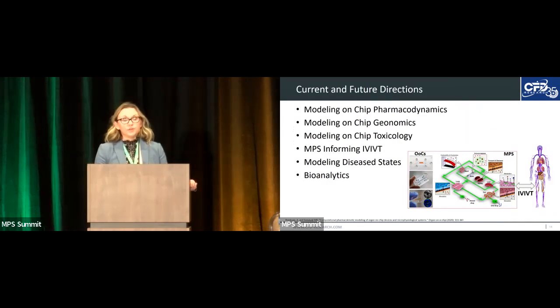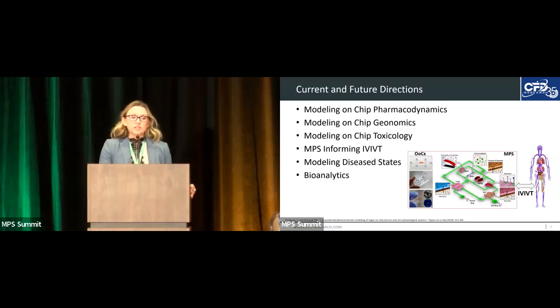So in terms of current and future directions, some of these things are ongoing. Obviously, you've seen some of our on-chip pharmacodynamics modeling, but we want to extend that and look at some more ways to expand that portfolio. We've heard a lot about on-chip genomics and how that can affect metabolism and other PD effects, so we would like to integrate those as well.